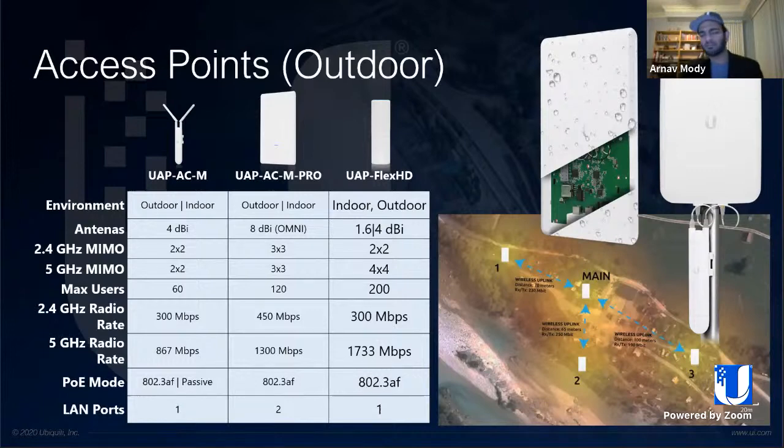Depending on the throughput and the number of client devices, you can look at the Mesh or the Mesh Pro. The Mesh supports 60 users or so, and the Mesh Pro is double of that, supports 120 users. But we also still have the UAP Flex HD that is also built for outdoor settings. So that's an indoor and outdoor access point, which could be very interesting to use in certain settings.